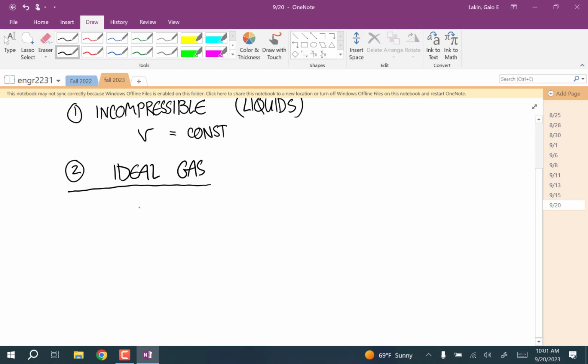the model that you tend to use in chemistry is P times the true volume, the extrinsic volume, is equal to N times the universal gas constant times the absolute temperature. This is the universal gas constant.